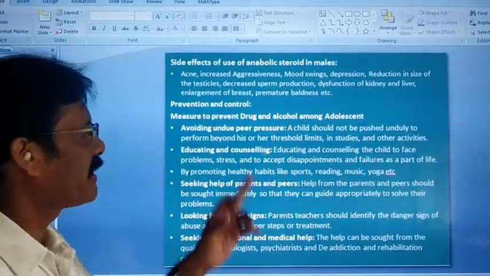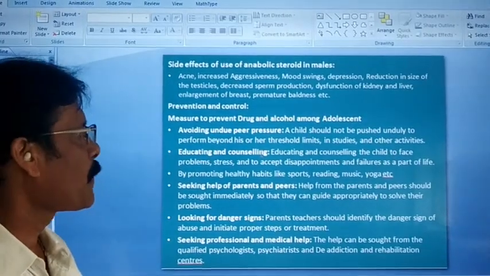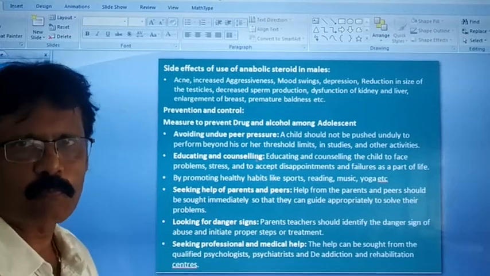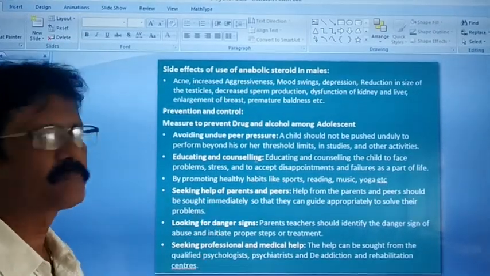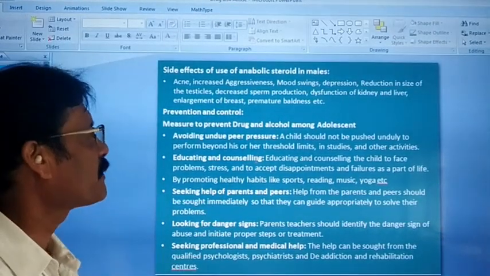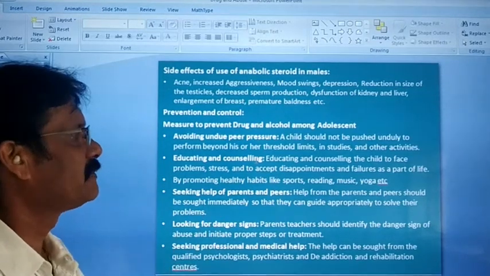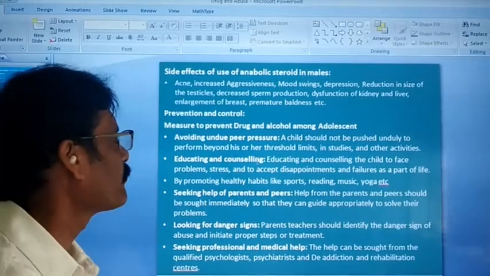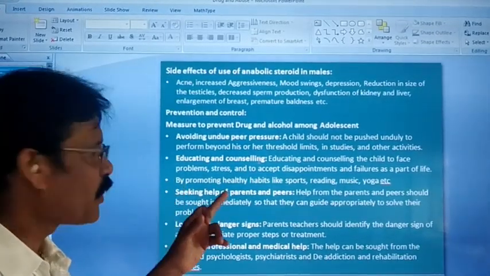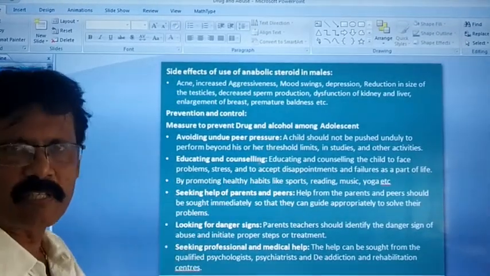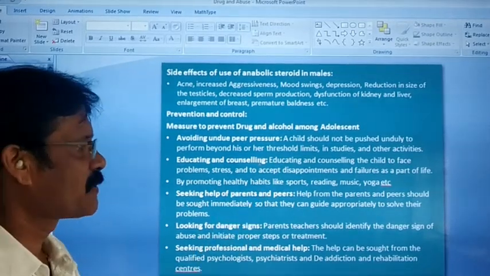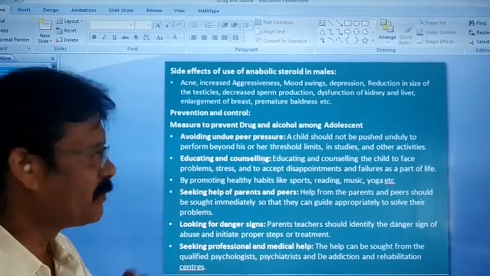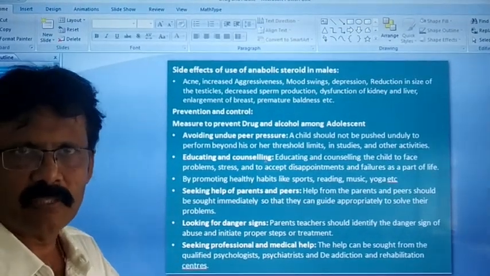Educating and counseling the child to face problems and stress, and to accept disappointment and failure as a part of life, and by promoting healthy habits like sports, reading books, listening to music, and performing yoga.